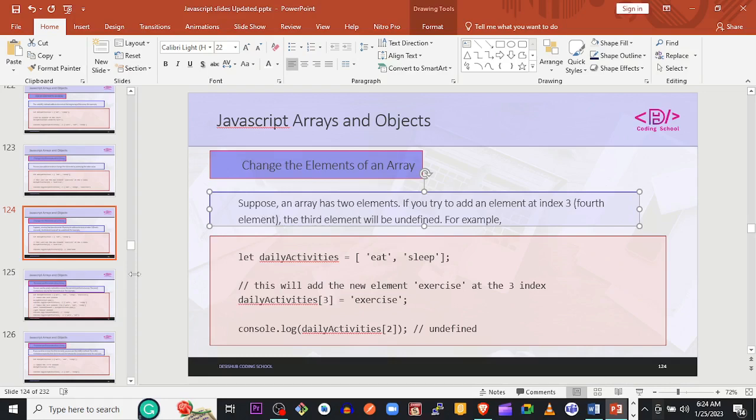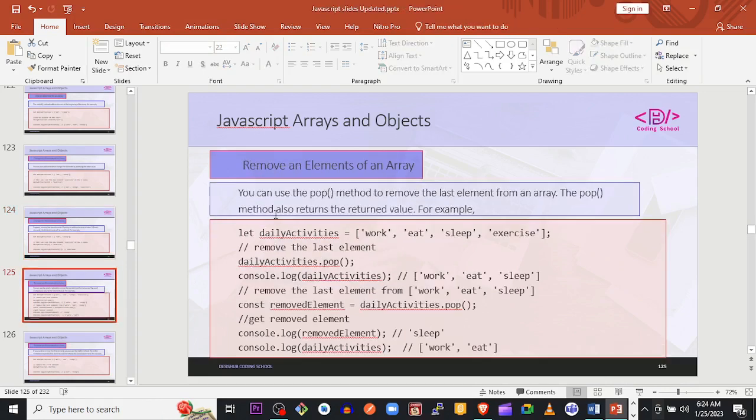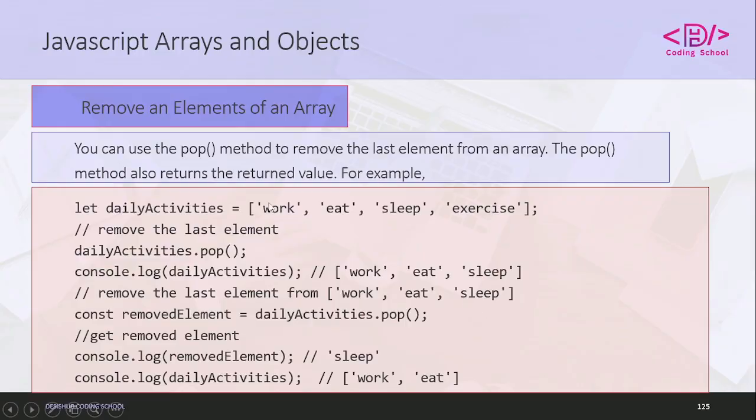So let's move on, and we see how do we remove an element actually from an array. Okay, so there are two methods, and the first method is the pop method, which removes the last element from an array. And the pop method also returns the removed value.